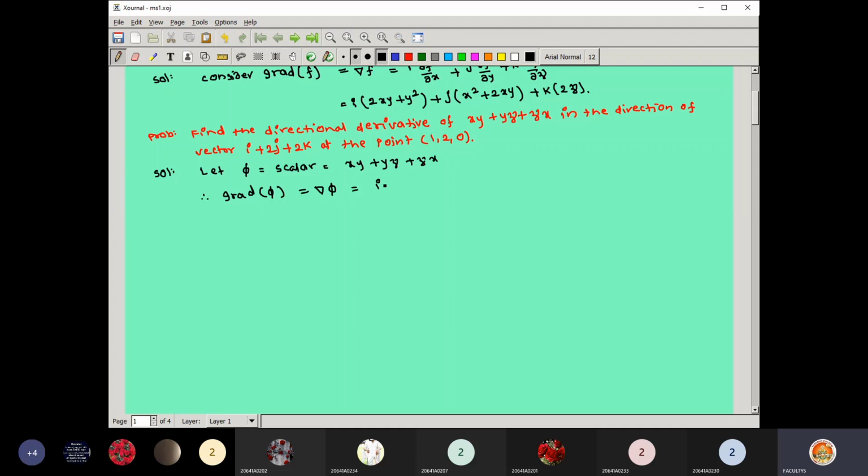As per the definition, it is i dou phi by dou x plus j dou phi by dou y plus k dou phi by dou z. So what about dou phi by dou x? Differentiation with respect to the x variable.